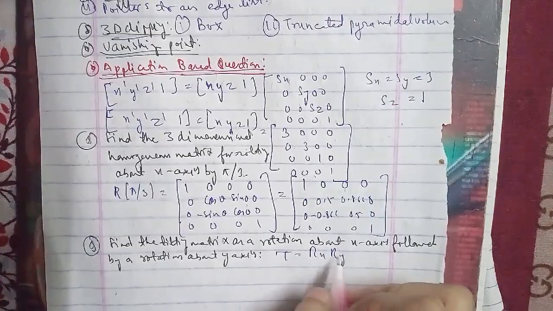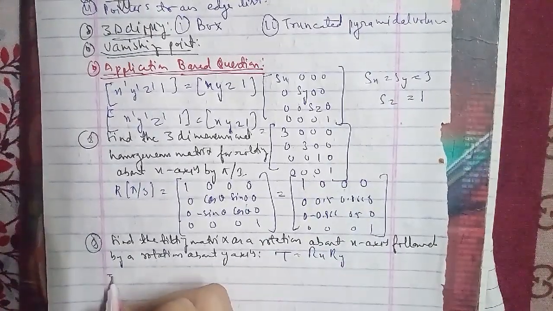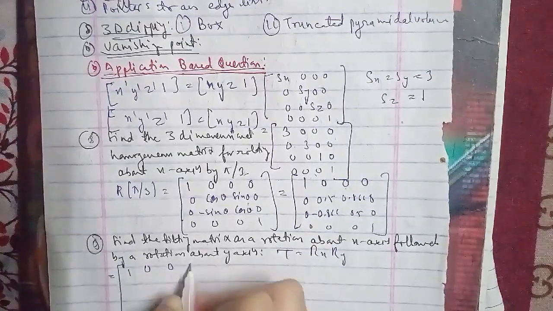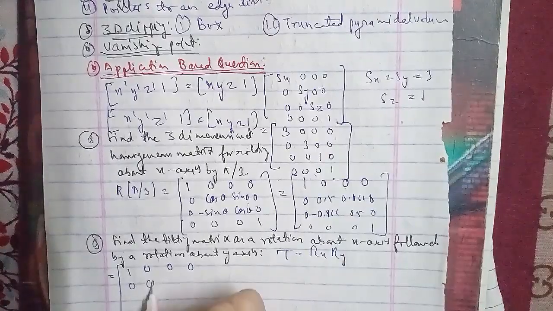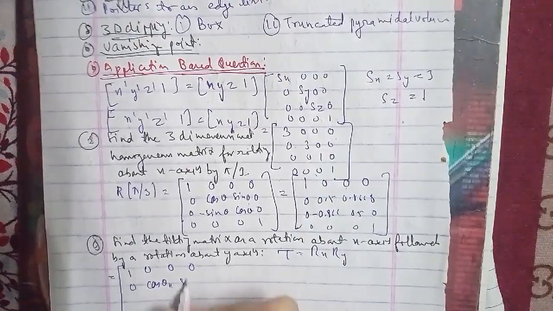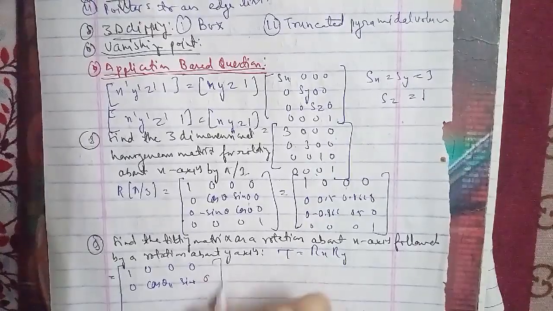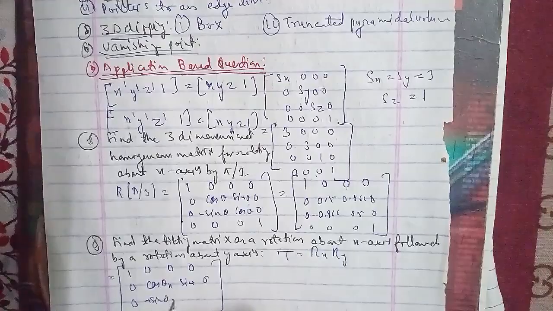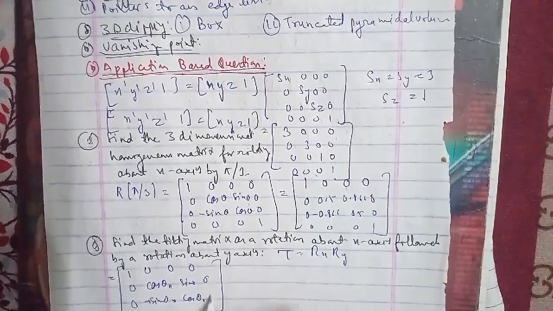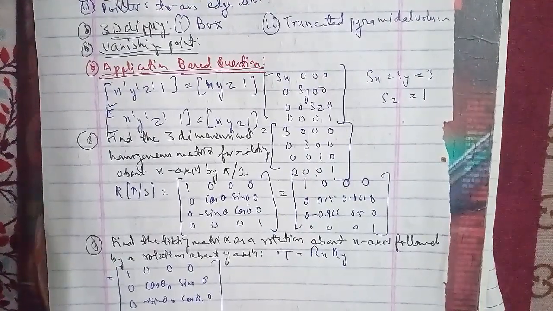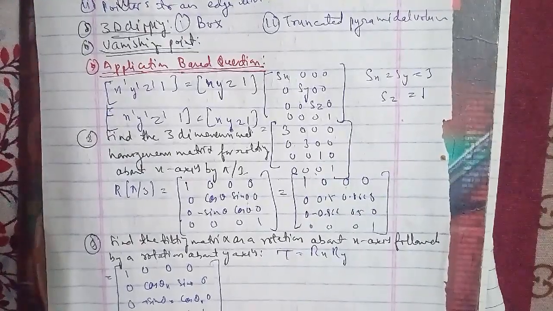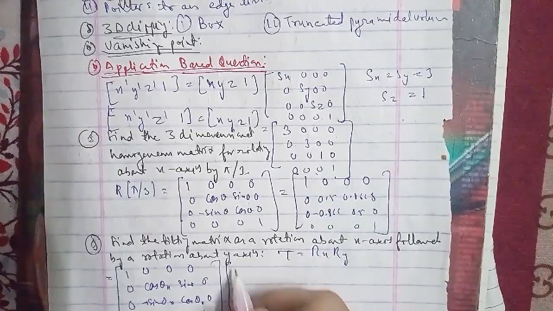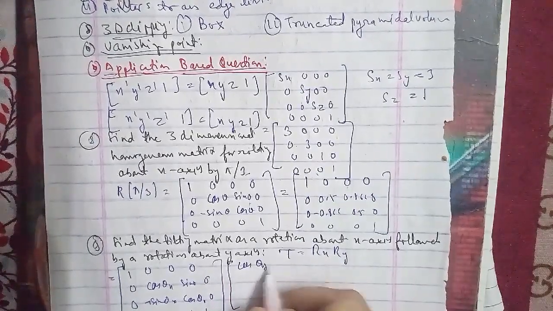Then the Ry is cos theta y, 0, minus sin theta y and 0, then 0 1 0 0, then sin theta y, 0, cos theta y, 0, and 0 0 0 1. When we multiply these, what we get is cos theta y, 0, minus sin theta y, 0.